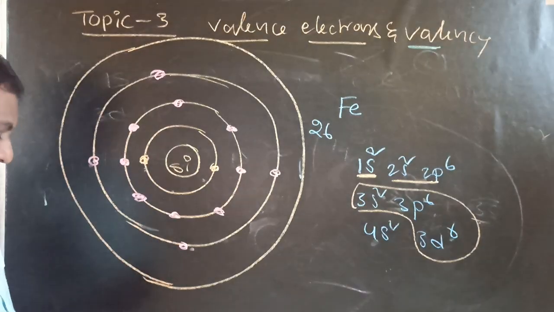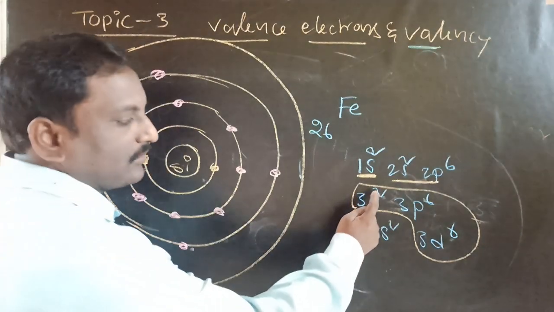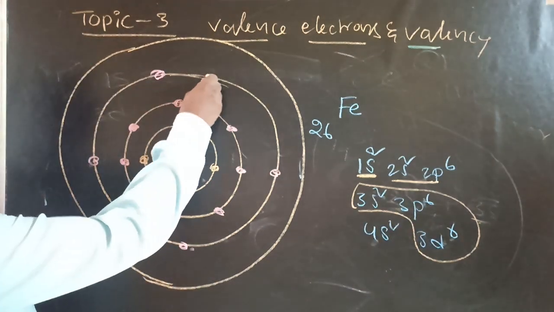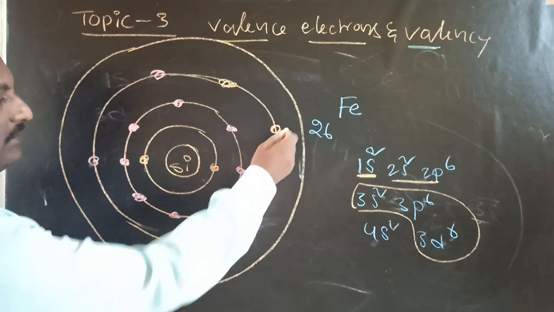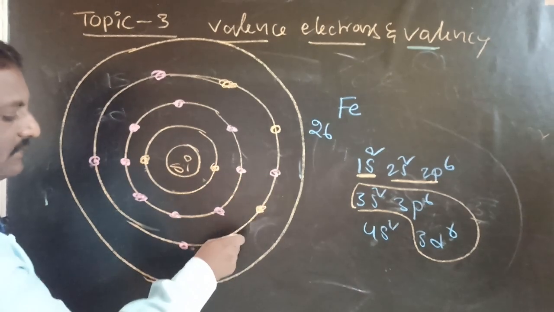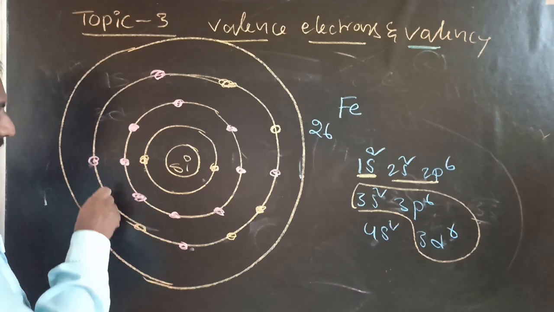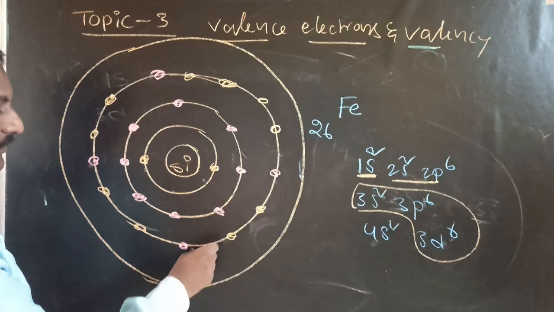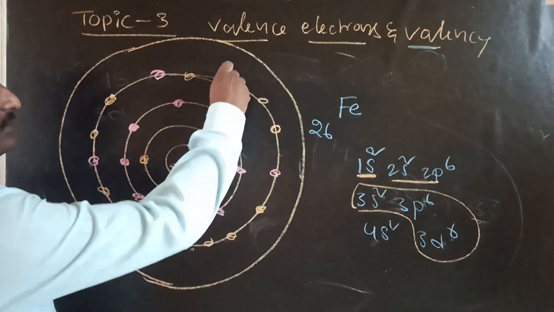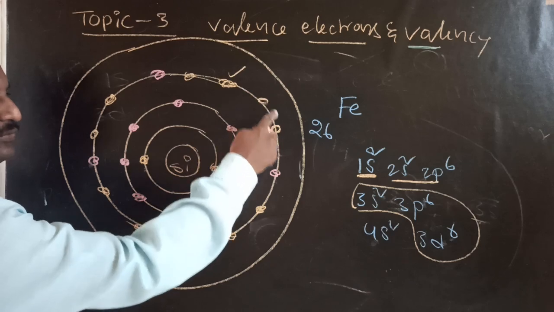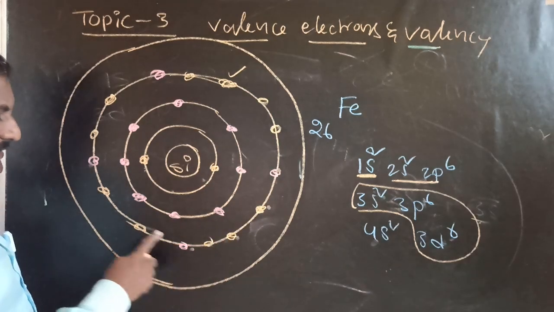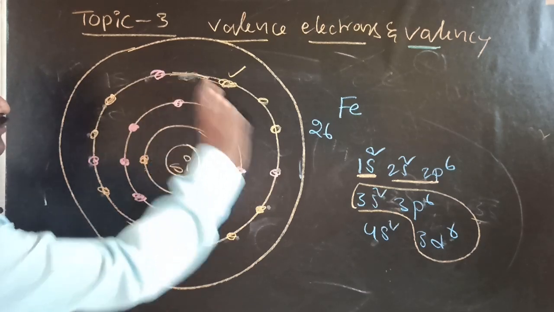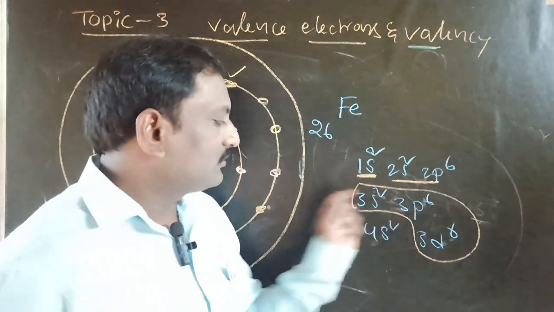So the third shell has 14 electrons. 1, 2, 3, 4, 5, 6, 7, 8, 9, 10, 11, 12, 13, 14. 14 electrons. Right? Third shell.